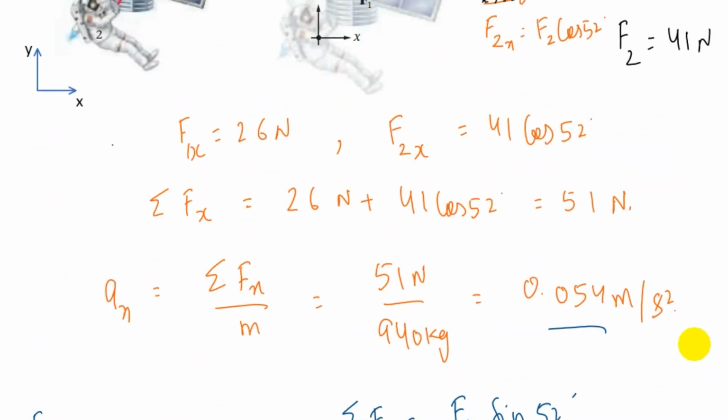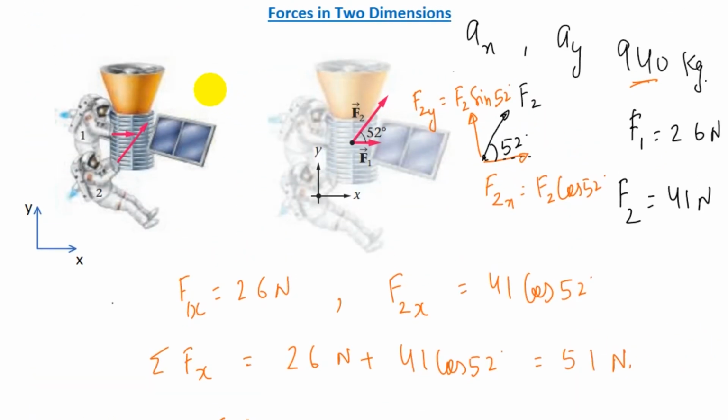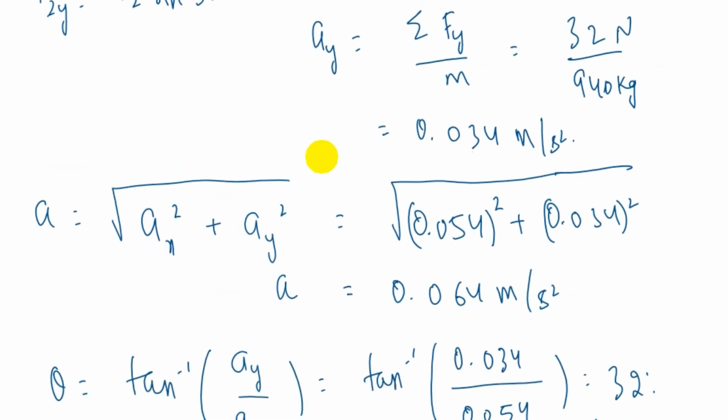Let me represent this on the figure first. F1 force was along this direction, this is F1, and this was F2, right? Now the net force would be along this direction. From the concepts that we studied in vector addition, this would be F net, and this angle would be the same, that is 32 degrees that we calculated here.